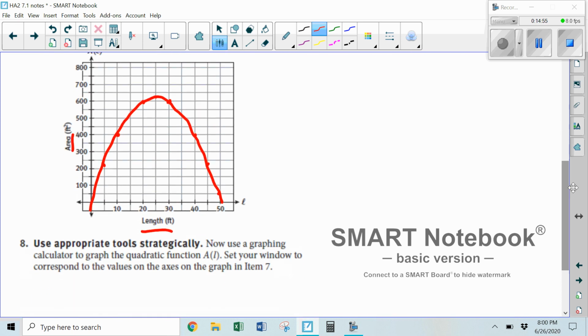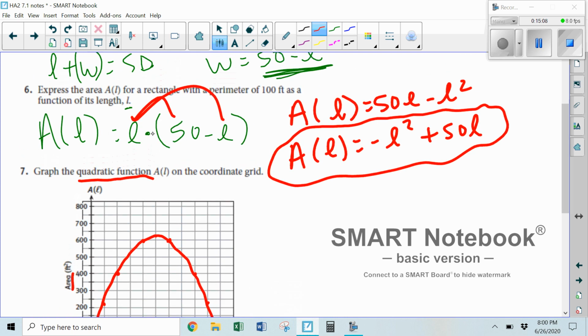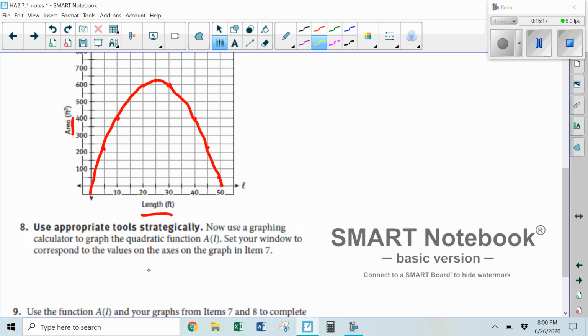Now use a graphing calculator to graph the quadratic function A of L. Set your window to correspond to the values on the axis. So go ahead, grab your calculator, and type in the function. You can either type it in this way or this way, and try to set your window correctly.